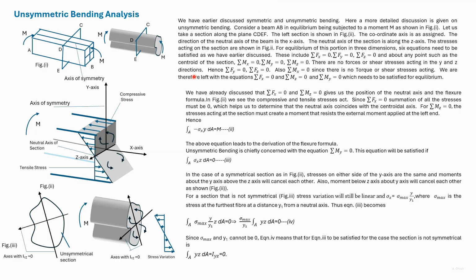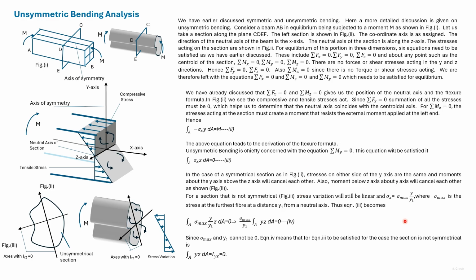Now consider an unsymmetric section to which a moment has been applied about the z-axis. We assume that we know the position of the neutral axis of the z-axis. The stress variation will still be linear.